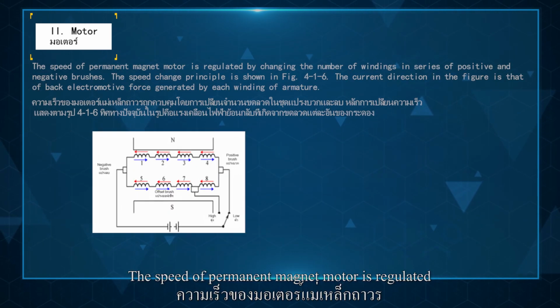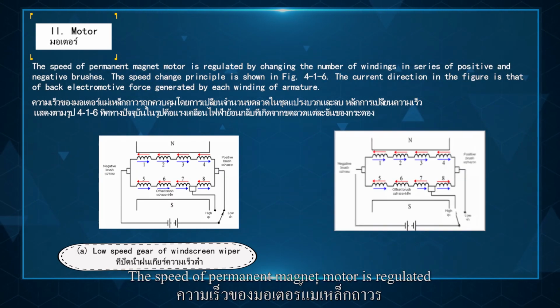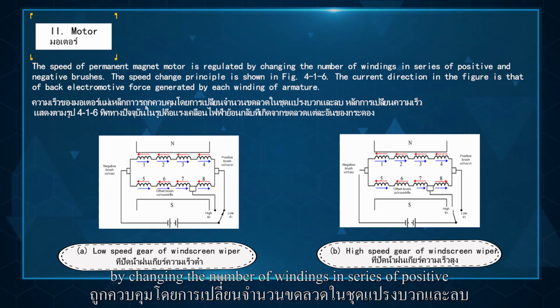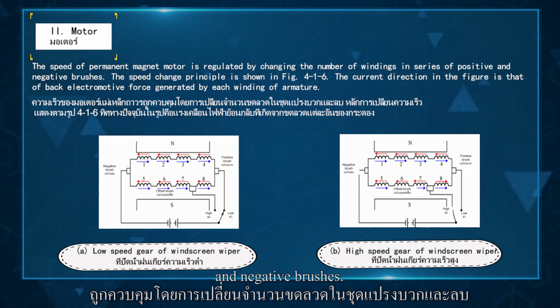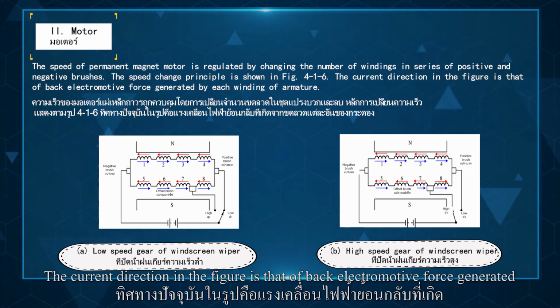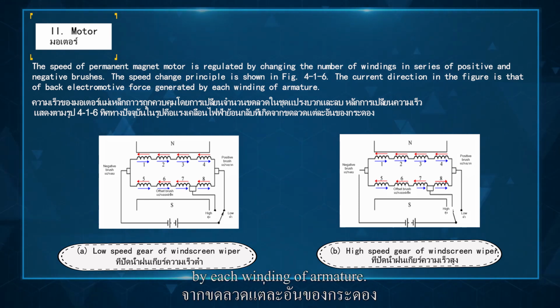The speed of permanent magnet motor is regulated by changing the number of windings in series of positive and negative brushes. The speed change principle is shown in figure 4:1:6. The current direction in the figure is that of back electromotive force generated by each winding of armature.